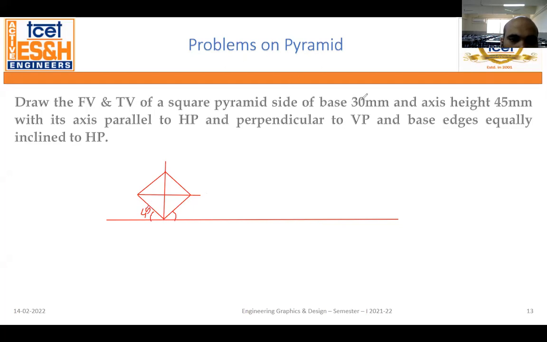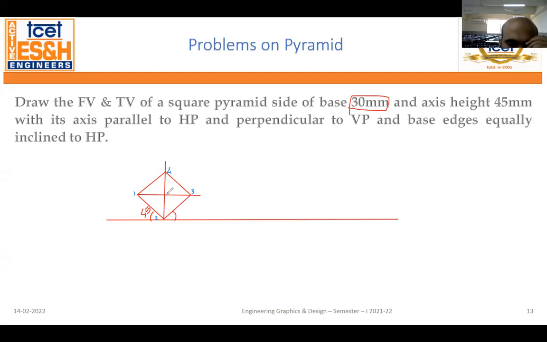What to do next is, side length of a square is already given. You follow that and after then you have to mention this as 1, this I'm keeping as 2, this as 3 and this is 4.